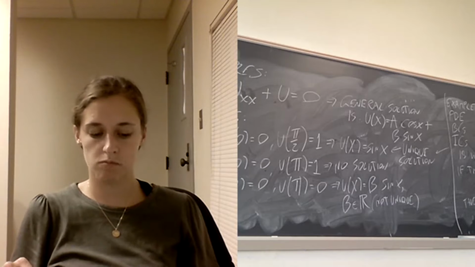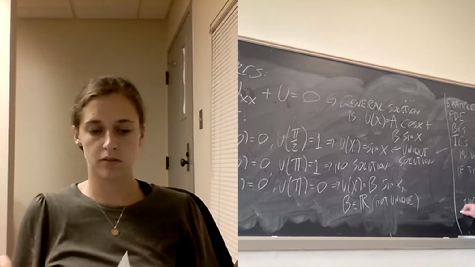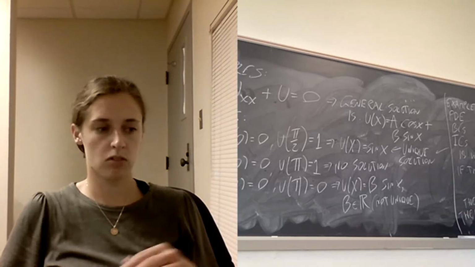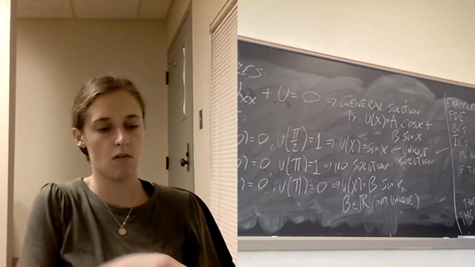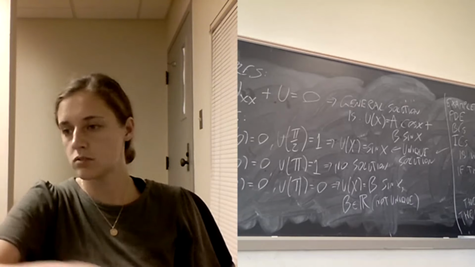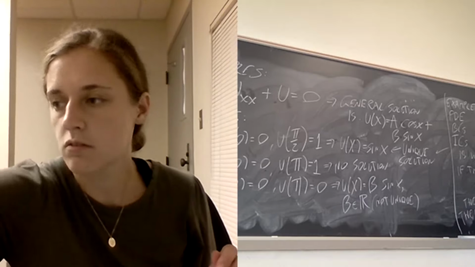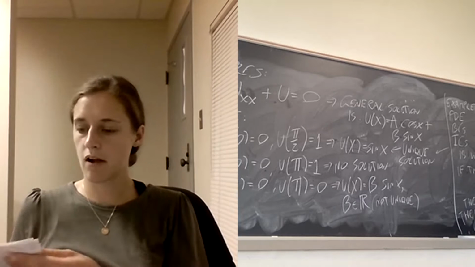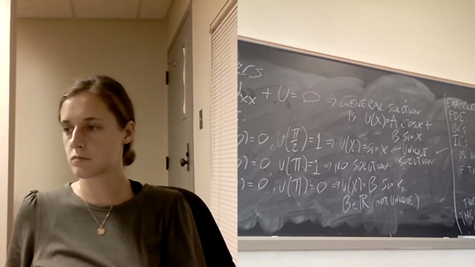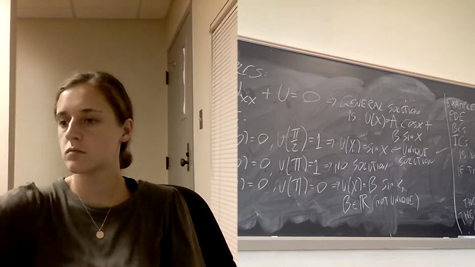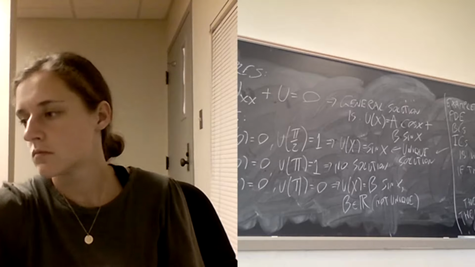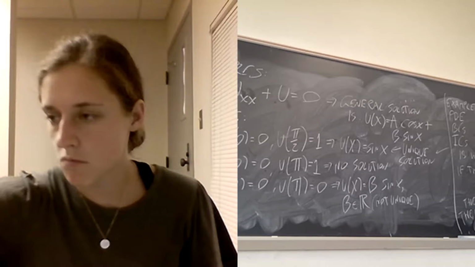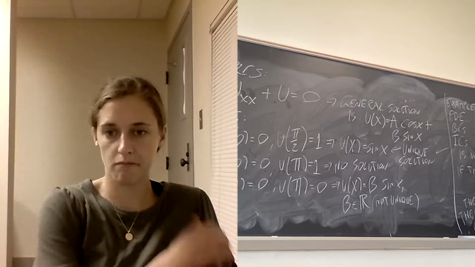So in that case, we get an ill-posed problem. And really what happens is it is ill-conditioned. So in other words, we do not have continuous dependence on the data.